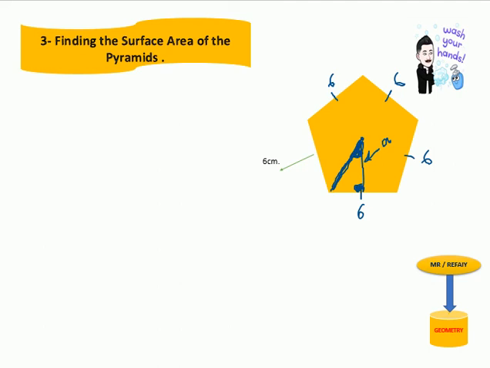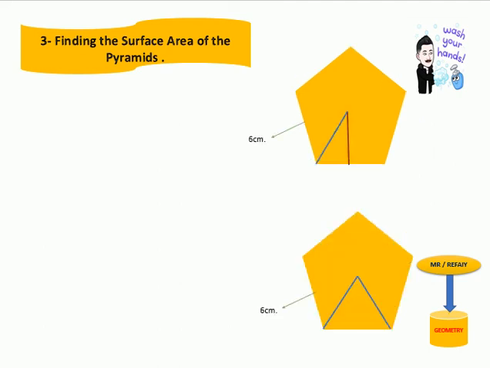So look how to get it. This is A. Here this part, it will be 3. We are in need for this angle. So to get it, we have to get the measure of the whole angle first. It will be 360 divided by 5, because here we have 5 sides.